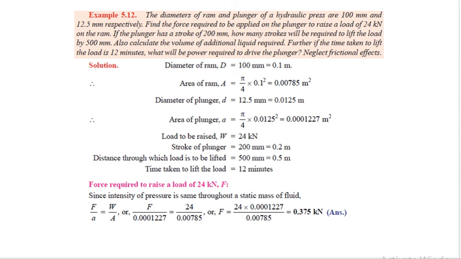So force required to raise a load of 24 kN is F by a equal to W by A. Capital A is given, small a is given, and W, the load which we have to lift, is given. So with the help of this, you can calculate the force required to raise the load of 24 kN.